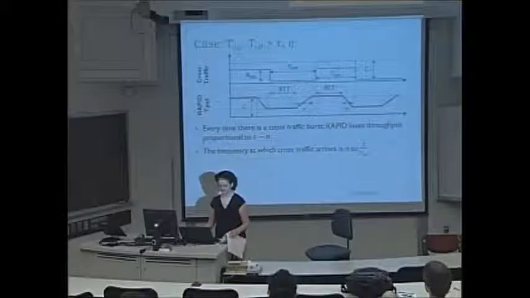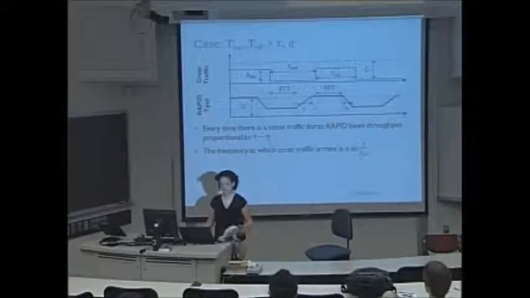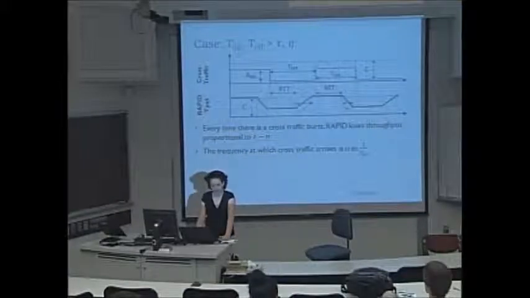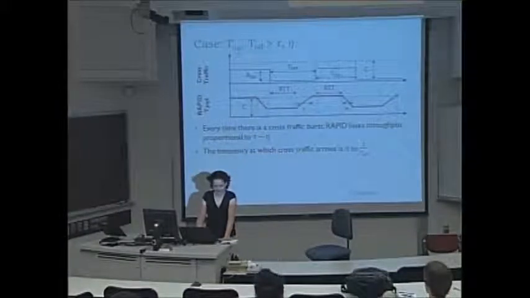In my research, I looked at two scenarios that are affected by these parameters in different ways. So in the first case, both T on and T off are larger than tau and eta. And this means that Rapid has enough time to detect the change in available bandwidth and to converge upon a new sending rate.